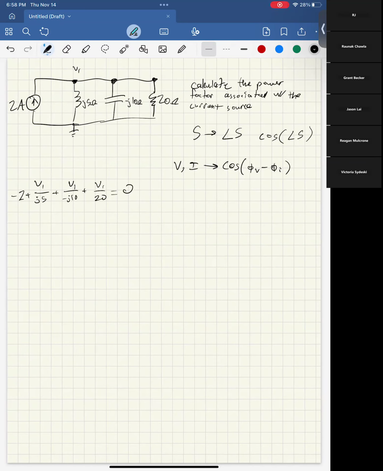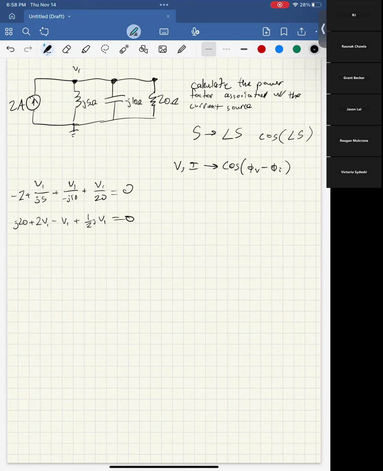Multiply everything by J10, and you would get J20 plus, let's see, this would be 10 over 5, that's just 2V1 minus V1 plus, oh, I should multiply by J20, whatever, 1 half J V1 equals 0.